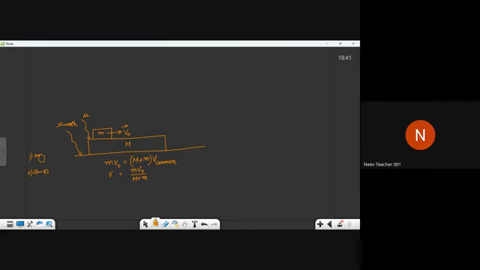And for change in velocity, what I require is acceleration. So what is the force which is to provide acceleration? That force is the force of friction.